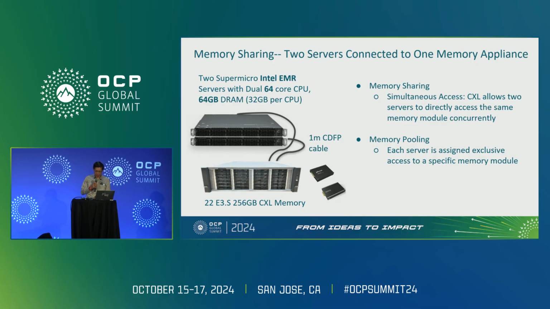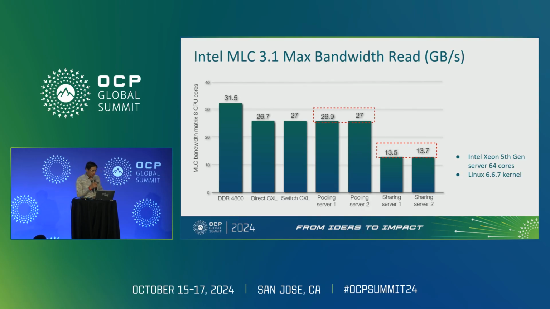We have done some testing, so here are the tests. If you see the pooling, if you assign 1 CXL memory to server 1 and 1 memory to server 2, the bandwidth is roughly 27 gigabytes per second.